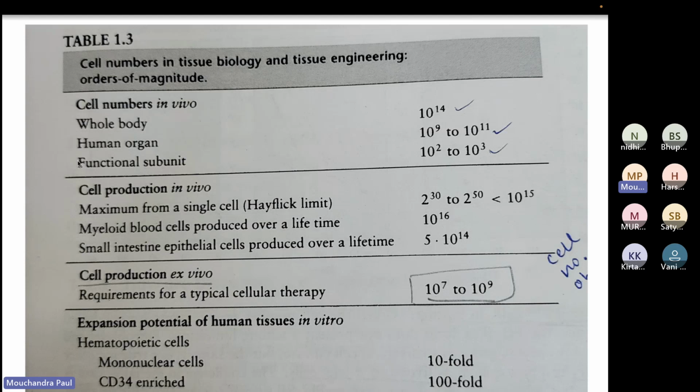So these are the cell numbers that you see in people. If you want to develop a therapy, you need to mimic those numbers. This is called clinically meaningful cell numbers, 10 to the power 6 to 10 to the power 9, million to billion cells you need. And the tissue culture technique that you are using for this production should be optimized to generate that many cells.